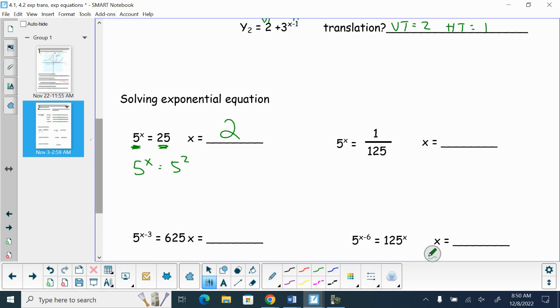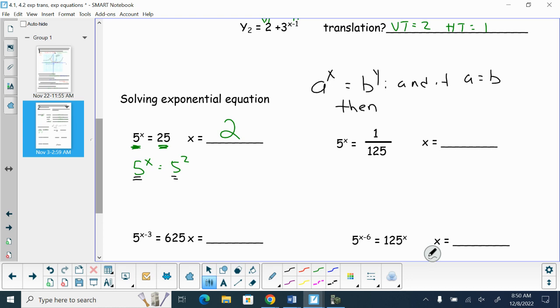If my bases are equal, if I have a to the x is equal to b to the y, and if a is equal to b, what's going to have to be true about the exponents?